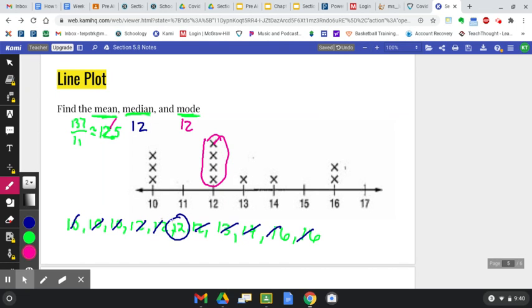I don't have to take the average of 2 of them. It's going to be 12, and there's 5 points below, 5 points above. And then the mode, even though 16 occurs more than once and 10 occurs more than once, they don't occur as many times as 12. There's 4 12s in this set. That is the mode. That is the most frequently occurring value.